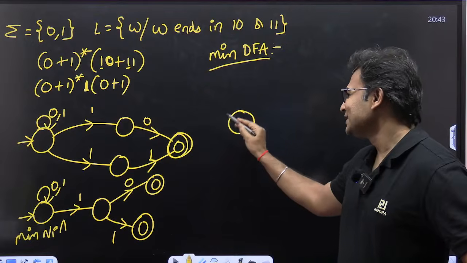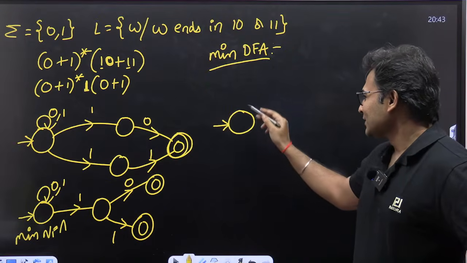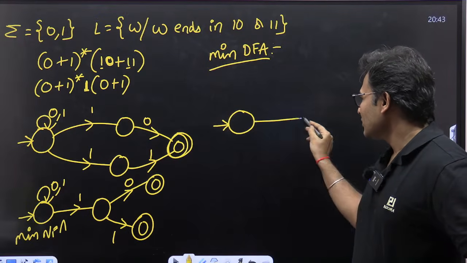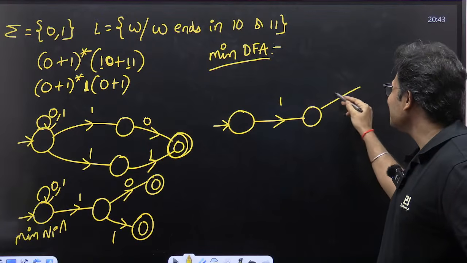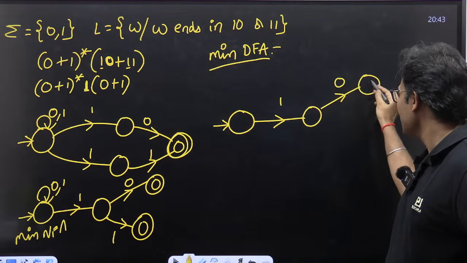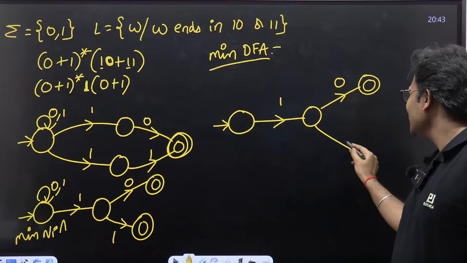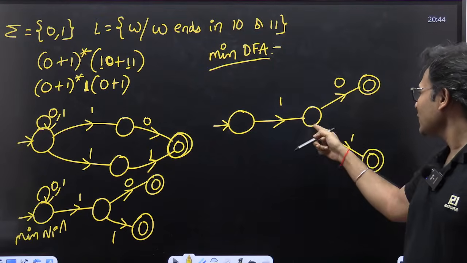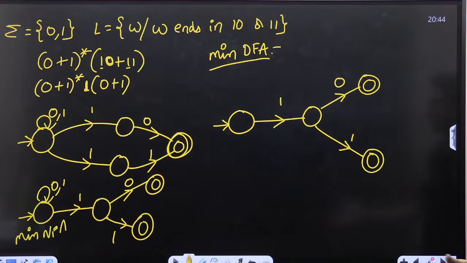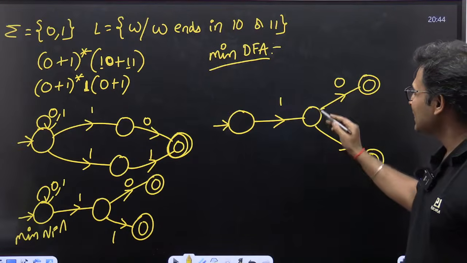Okay. So see this, guys. Now you have to accept strings ending with 10 or ending with 11. 10 will go there, 11 will come here. Now, is this a DFA?